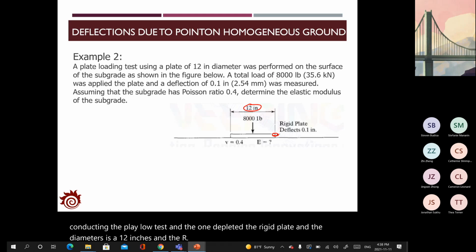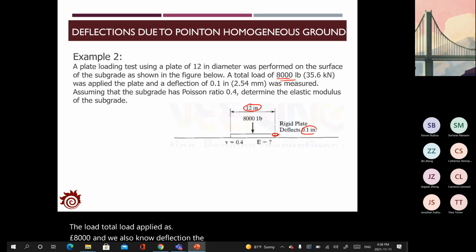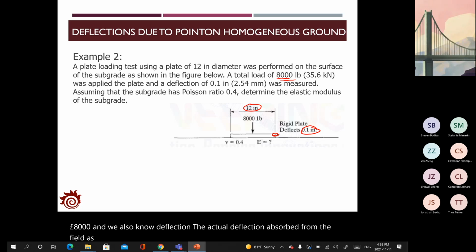The total load applied is 8,000 pounds, and the actual deflection observed from the field is 0.1 inches. We want to find out the modulus of elasticity for the subgrade.